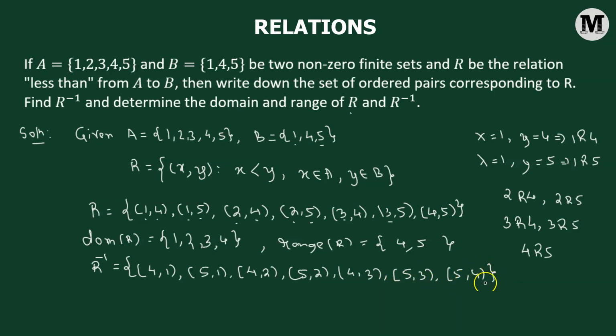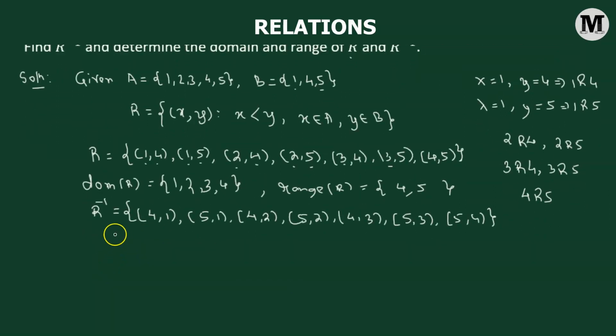So this is going to be the inverse of the relation R, and now that we have the inverse, we can define the domain. The domain of R inverse is simply equal to the range of R, which is given by the set containing two elements 4 and 5. We can verify that. All you have to do is pick the first element of each of the ordered pairs.